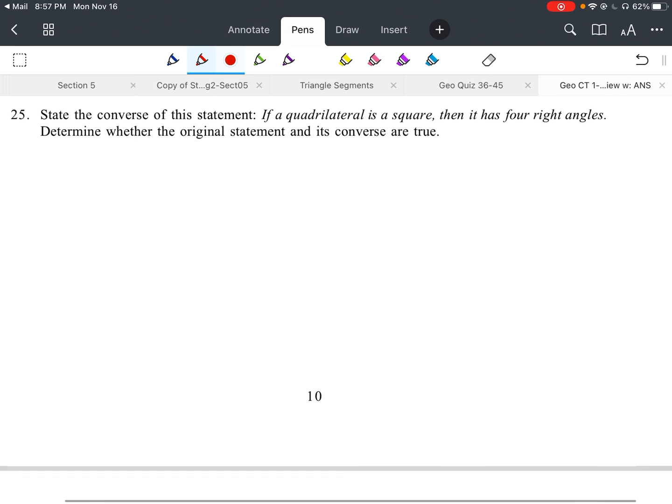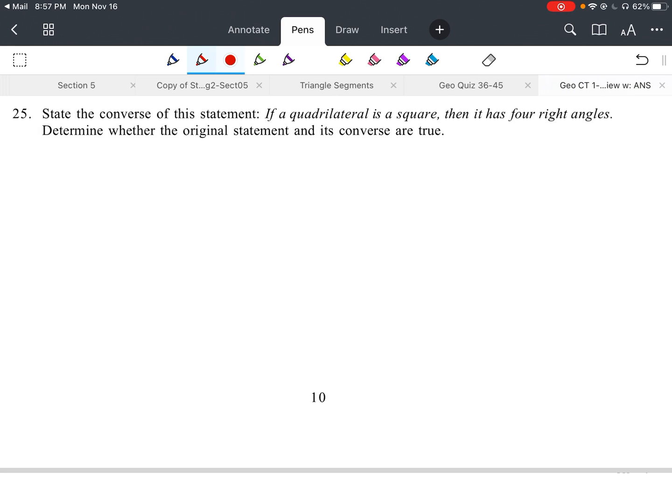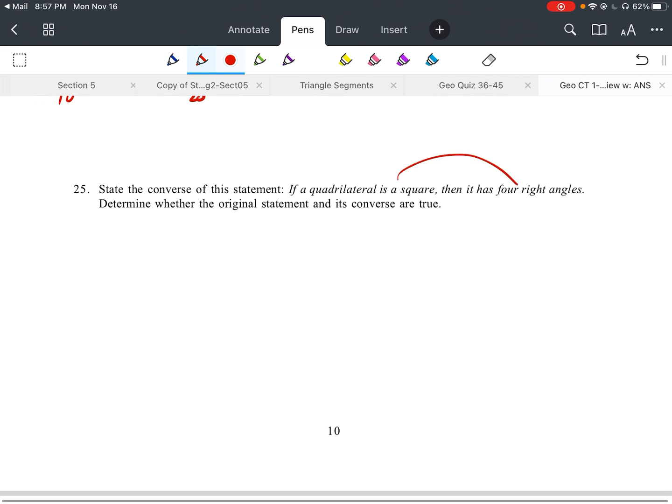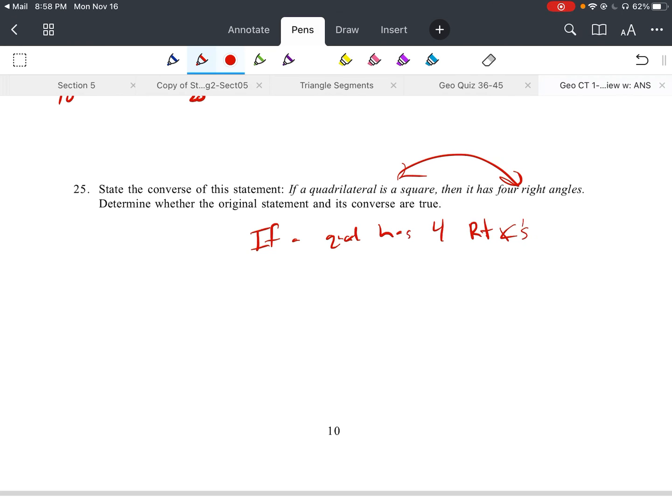State the converse of the statement. Converse, remember converse is just flip them, switch them. So if a quad has 4 right angles, okay, then it's a square.